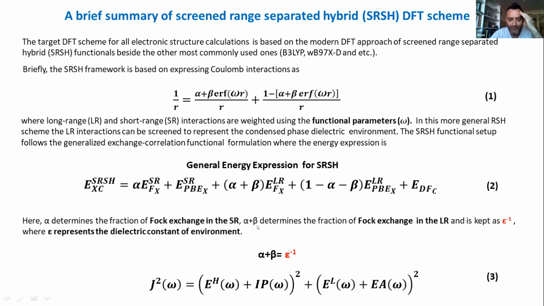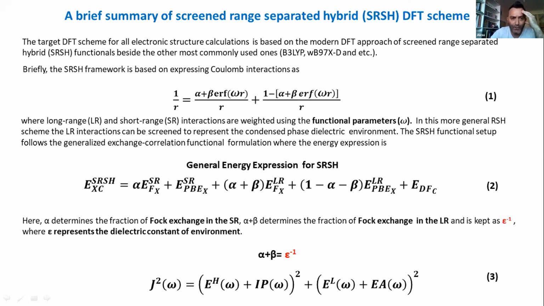Alpha plus beta is the long-range exact exchange contribution, and alpha plus beta is kept as 1 over epsilon. We found that this convention represents the condensed phase environment very well.